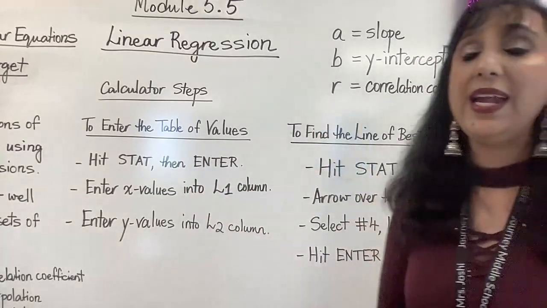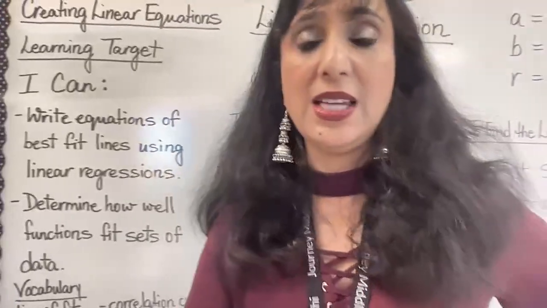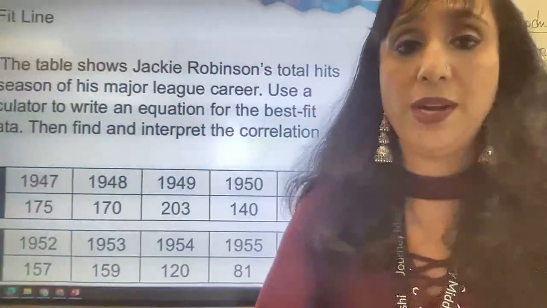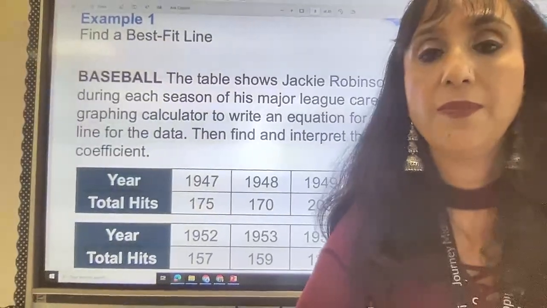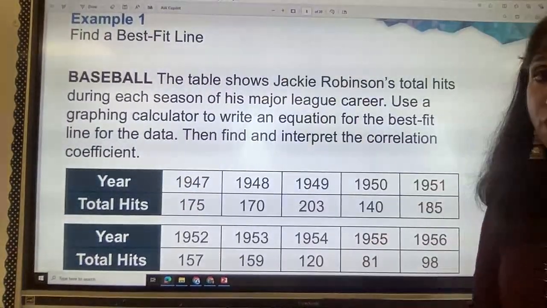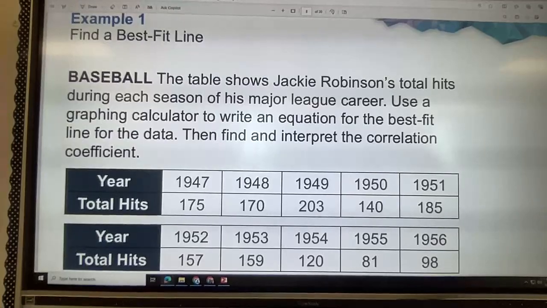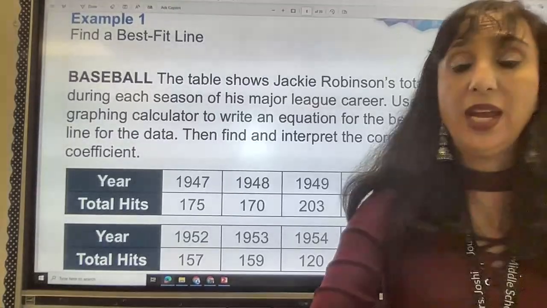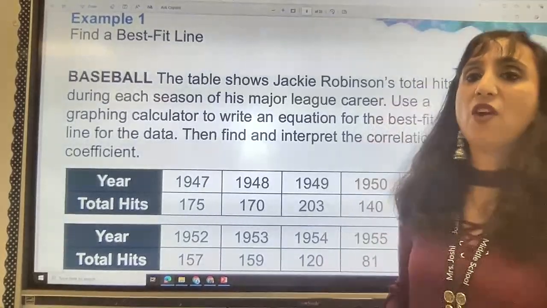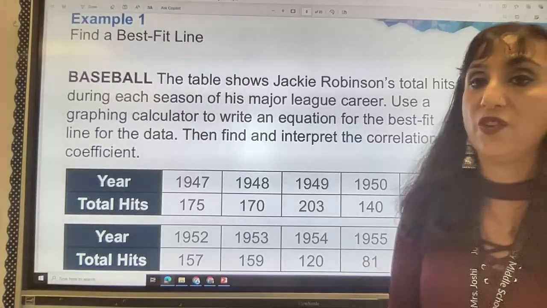So let's go ahead and I'm going to show you an example using these steps that I just mentioned. Let's look at this one. Again, calculator usage for finding the best fit line, and we are looking at baseball. The table shows Jackie Robinson's total hits during each season of his major league career.